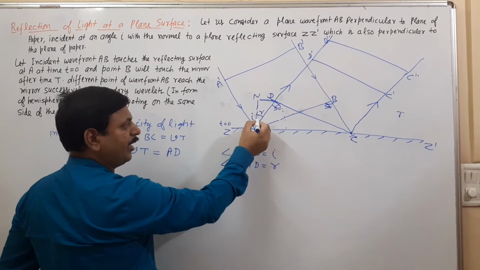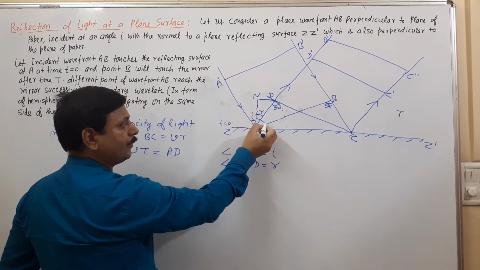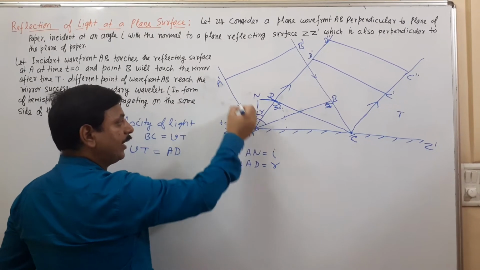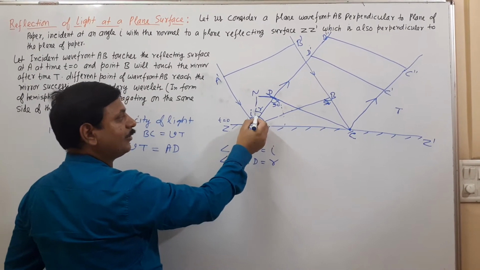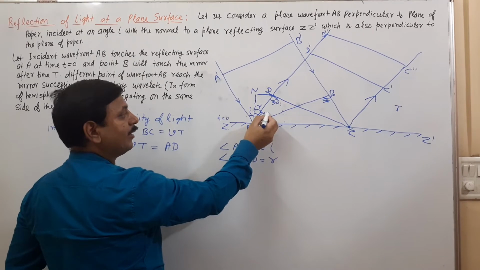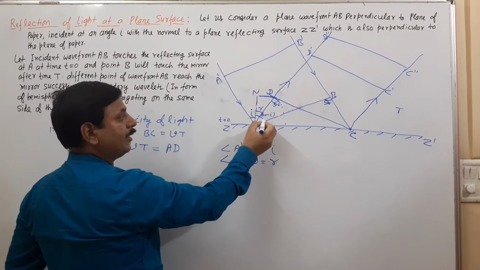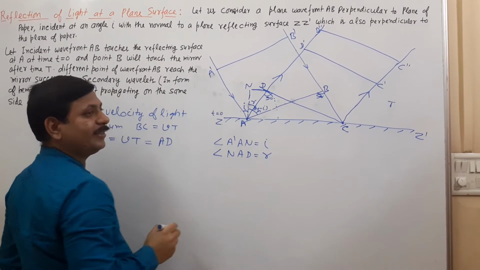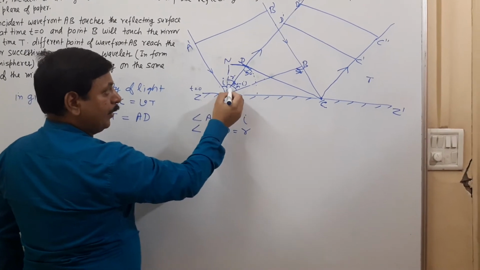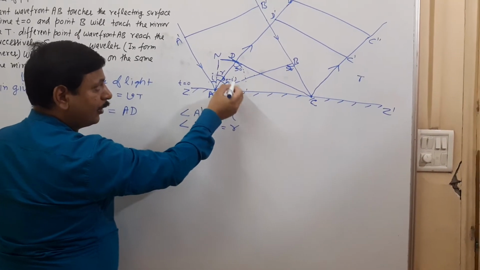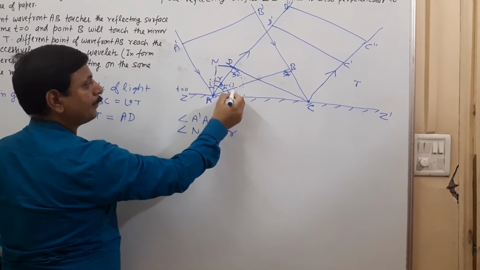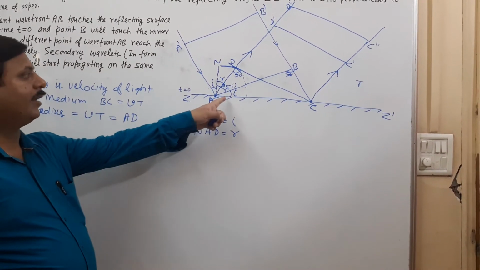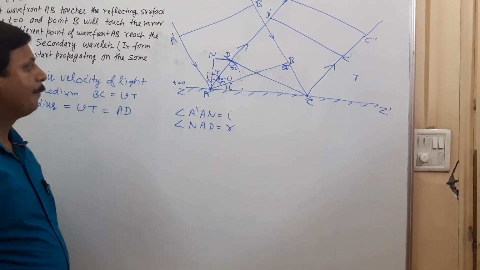From here to here, see, A dash A is perpendicular to AB, so this total angle is 90, so this is 90 minus I. See here, this angle is 90 minus I. This is perpendicular to this, so this angle becomes what? I. Pay a little attention here, this is quite important.